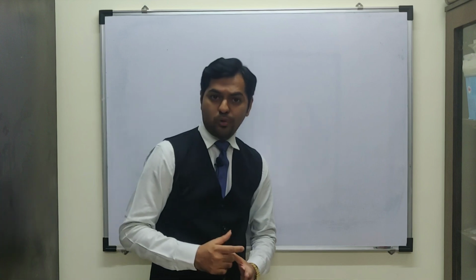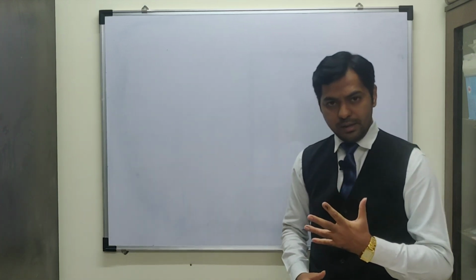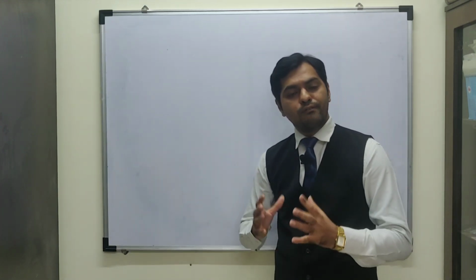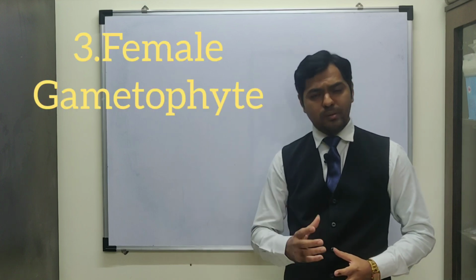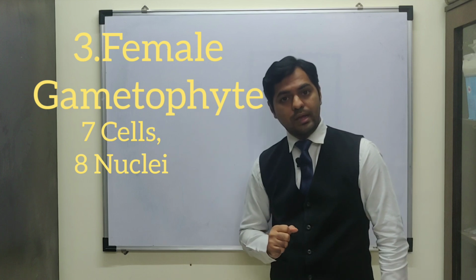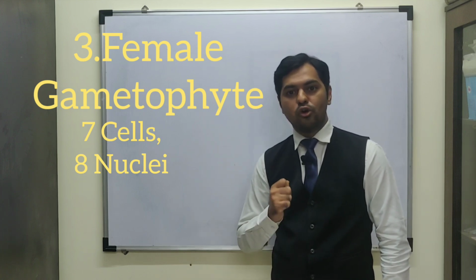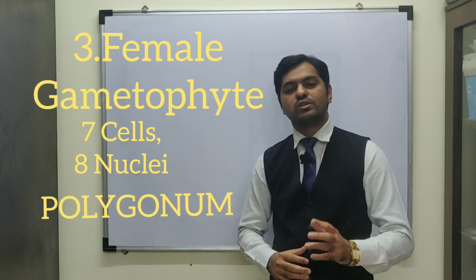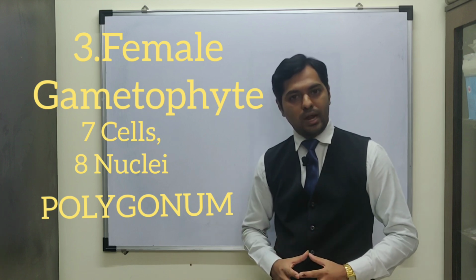Coming to the next point of the Fabulous 5 category is about the female gametophyte. Now female gametophyte, as we are aware, is 7-celled and 8-nucleate, which is known as polygonum type because it was first discovered in polygonum plant.